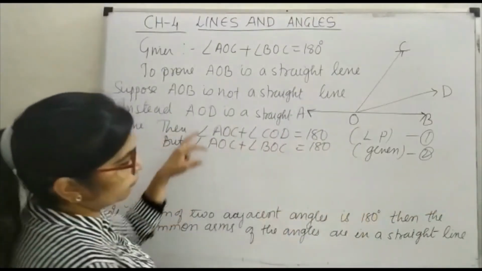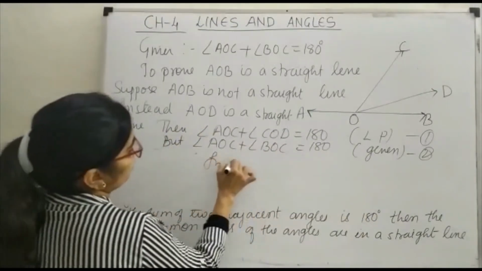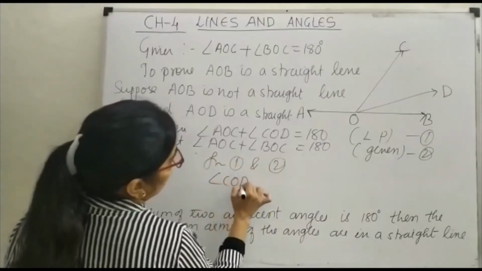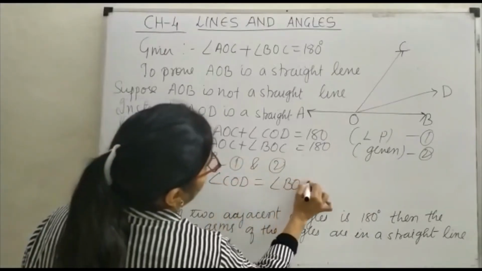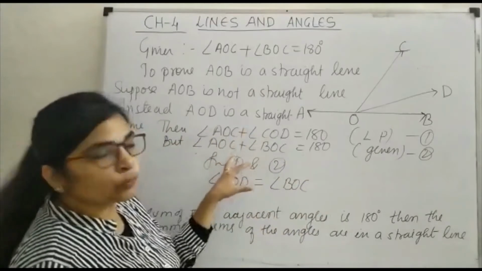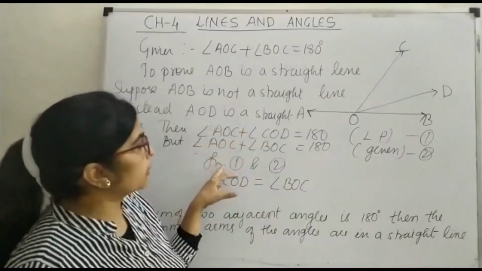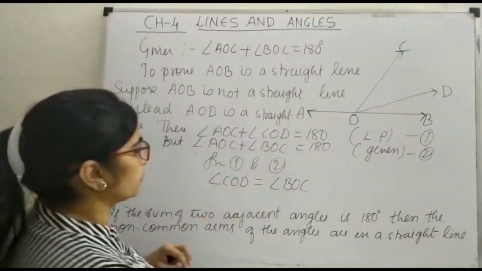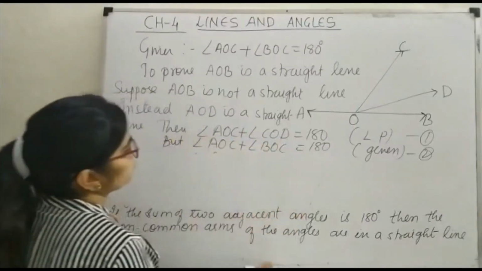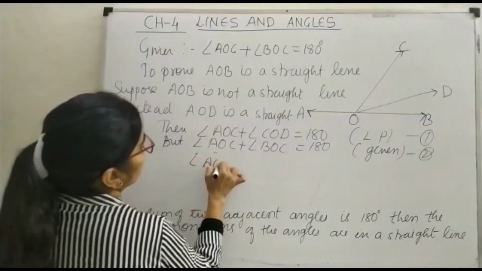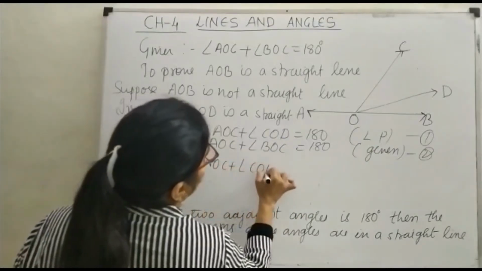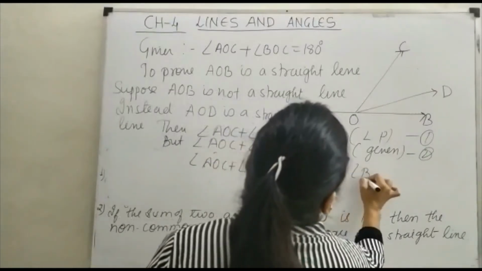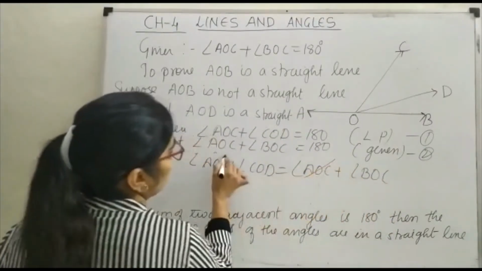Now you can see here from equations 1 and 2, angle COD is equal to angle BOC. How? When you equate both, AOC cancels and you are left with angle COD equal to angle BOC. Let us write one more step to avoid confusion: angle AOC plus angle COD is equal to angle AOC plus angle BOC. You can see that this is cancelled.